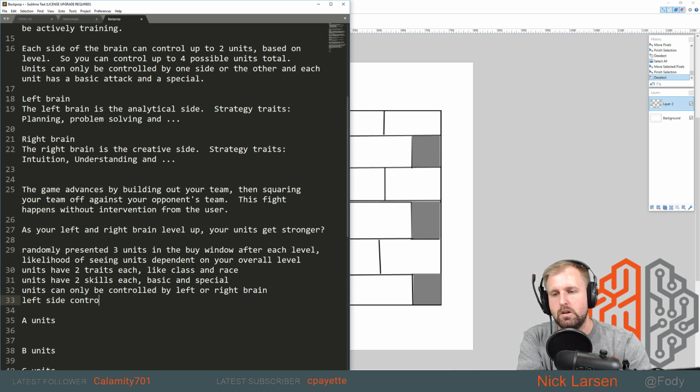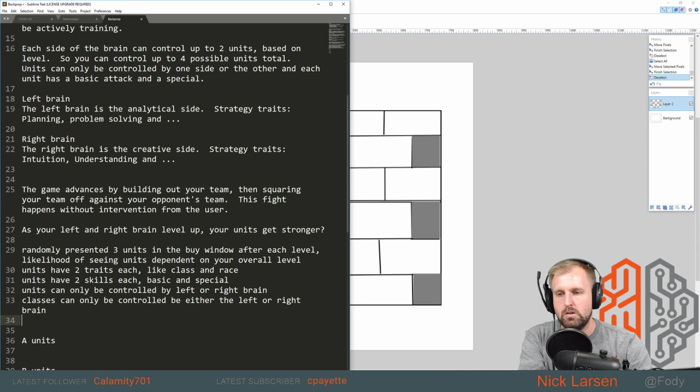Left side. Classes can only be controlled by either the left or right brain. Maybe race is not good.